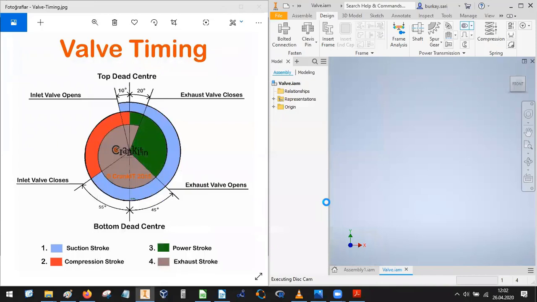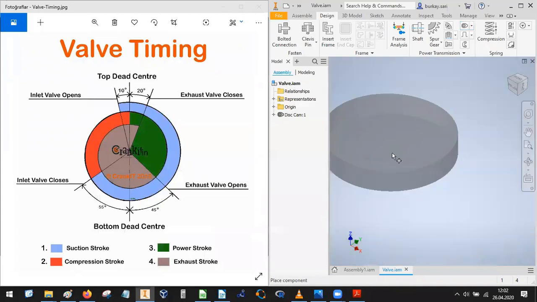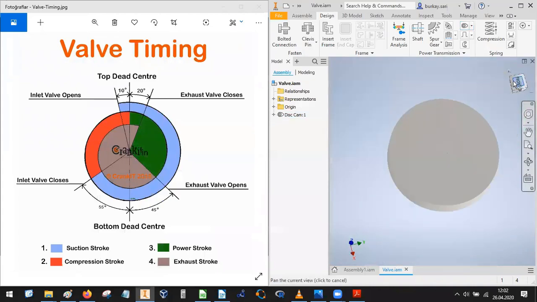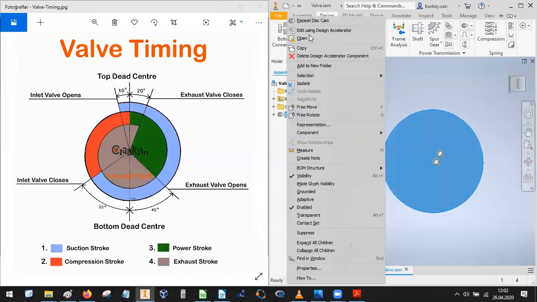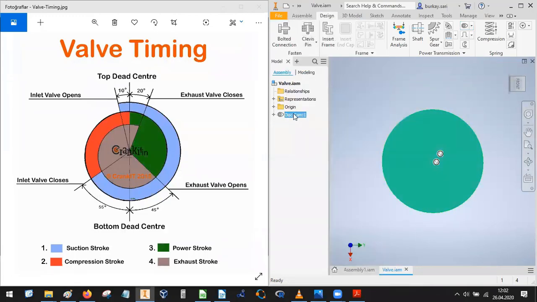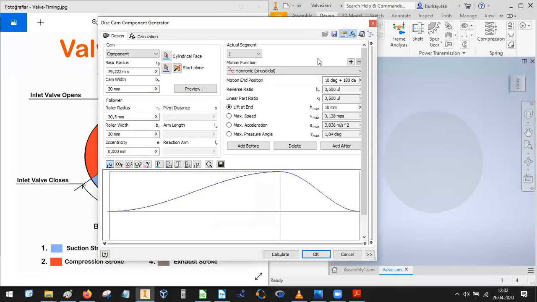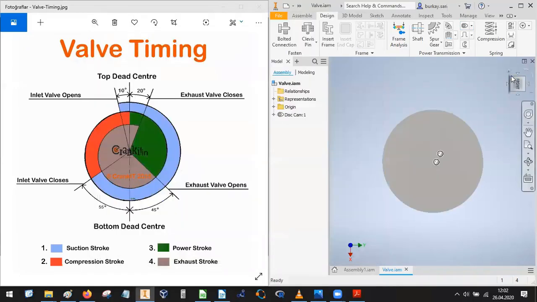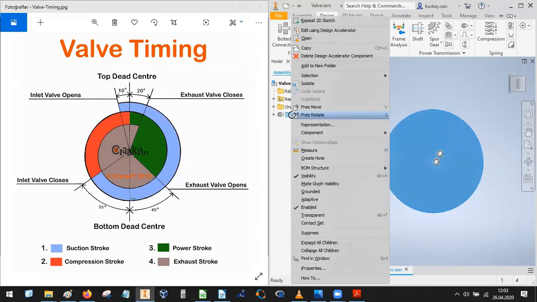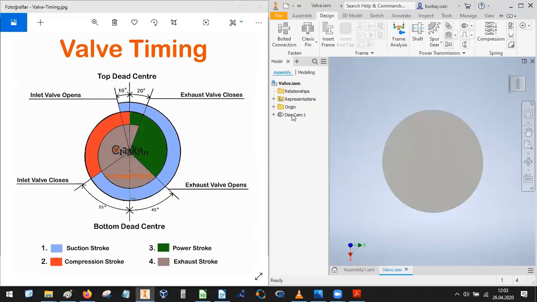When I create a cam like this, it will be a cam something like this. For this, I need to change some parameters, especially.